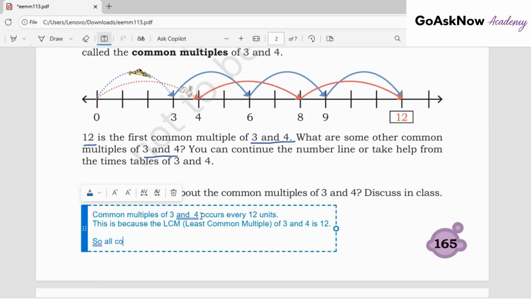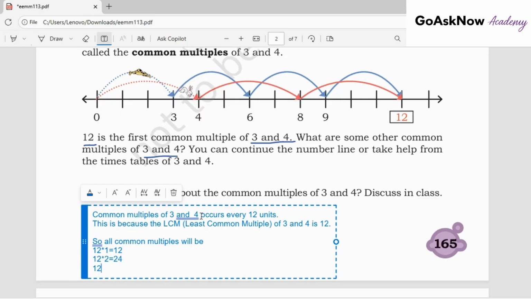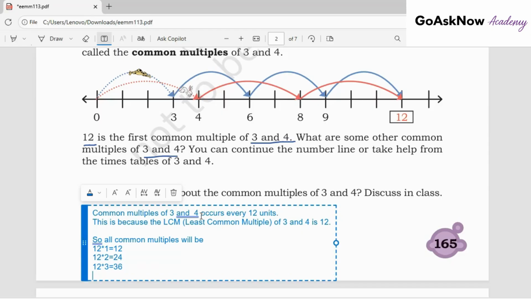So all common multiples will be 12 into 1, which is 12, 12 into 2, which is 24, 12 into 3, which is 36, and so on.